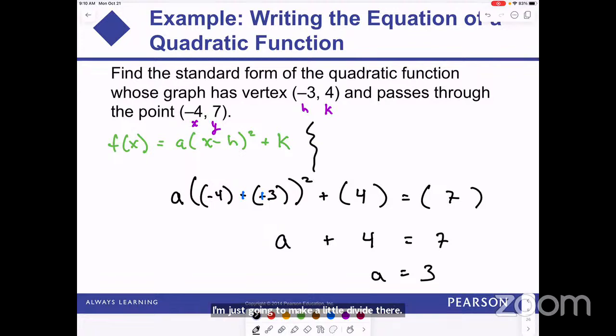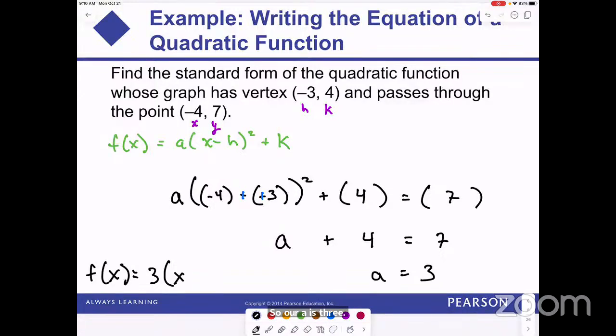So then if we put all this together, I'll just write it here. This is fine. So our a is -3. x minus h, our h is -3.